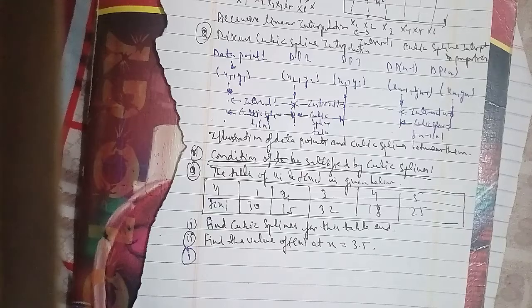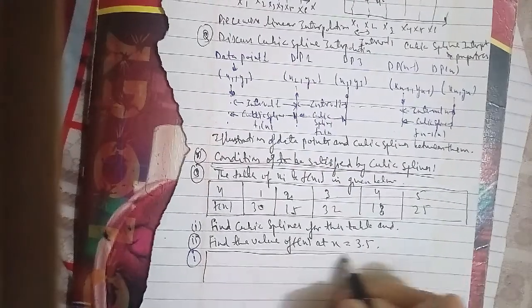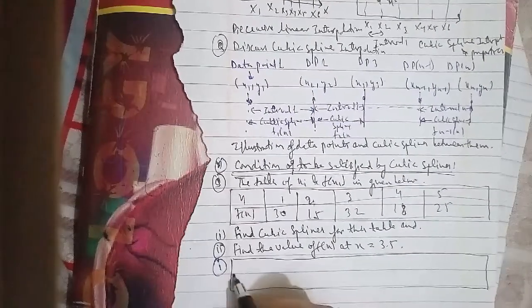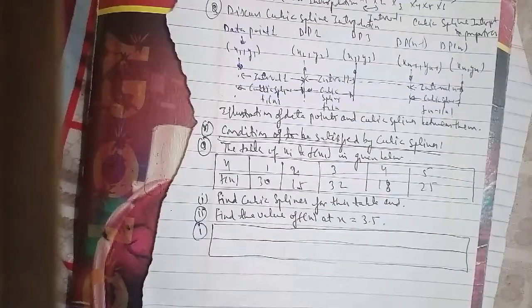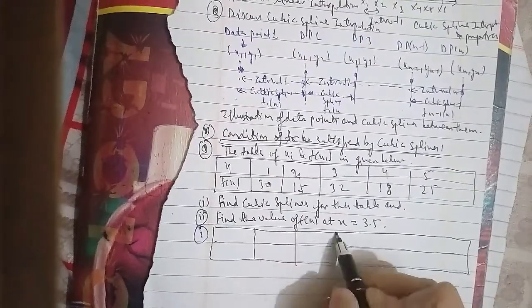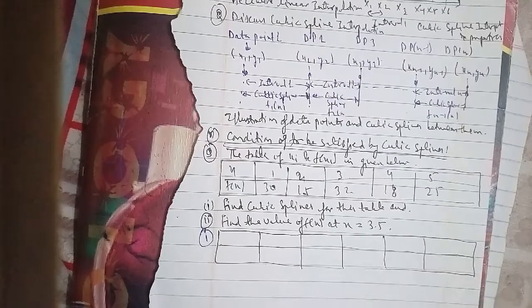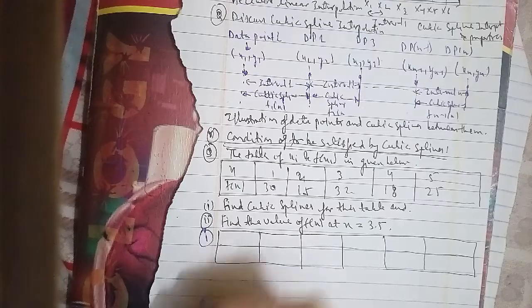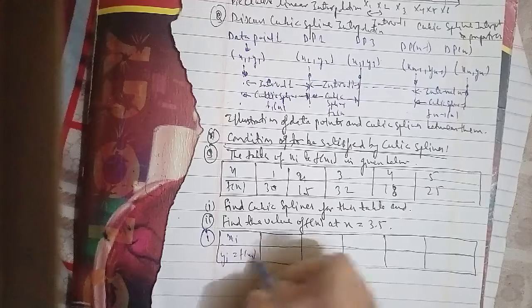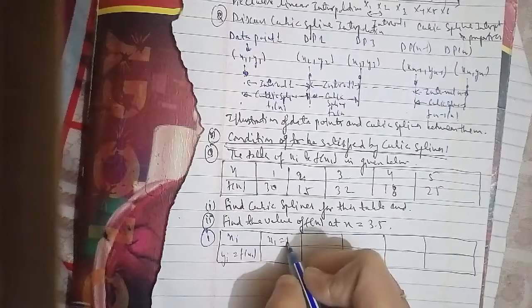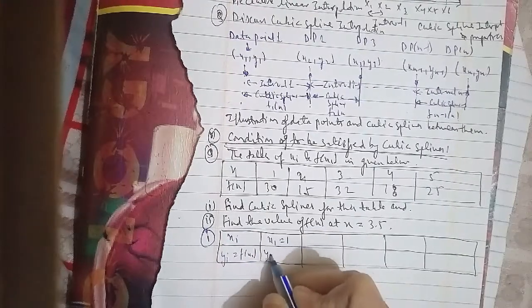This is x1 equals 1 and y1 equals f(x1) equals 30. x2 equals 2, x3 equals 3, x4 equals 4, and x5 equals 5. Here y2 equals f(x2) equals 15, y3 equals f(x3) equals 32, y4 equals f(x4) equals 18, and y5 equals f(x5) equals 25.